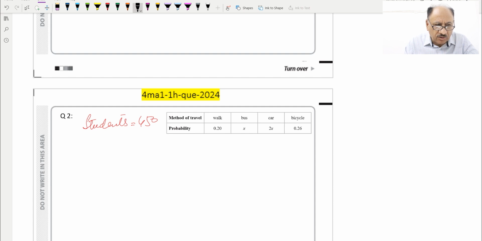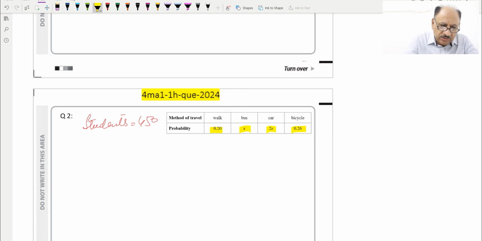Each student walked or traveled by bus, by car or by bicycle, using just one method of travel. One of these students is chosen at random. The table shows the probability of each method of travel: walk, bus, car and bicycle. Work out how many of the 450 students traveled by car.